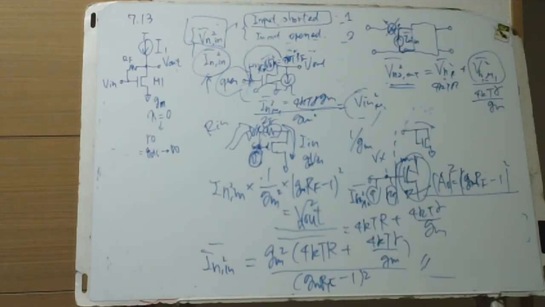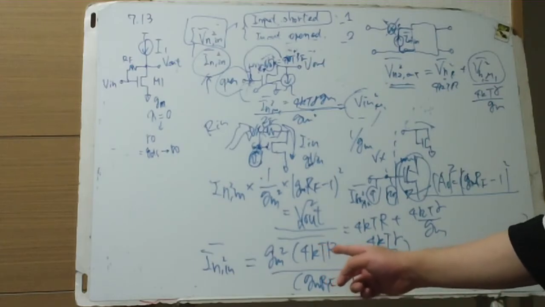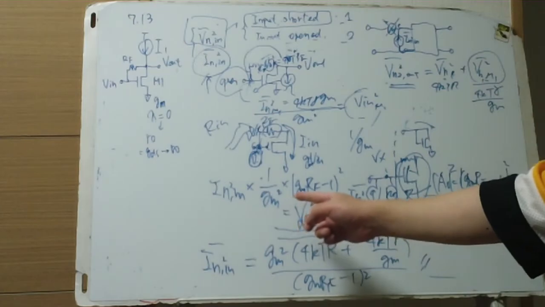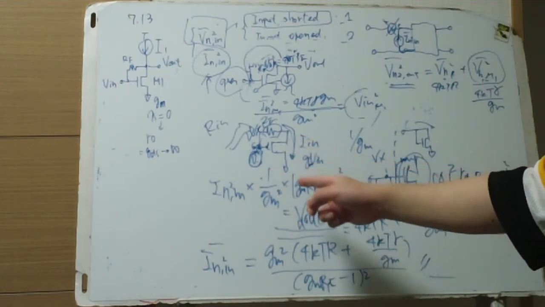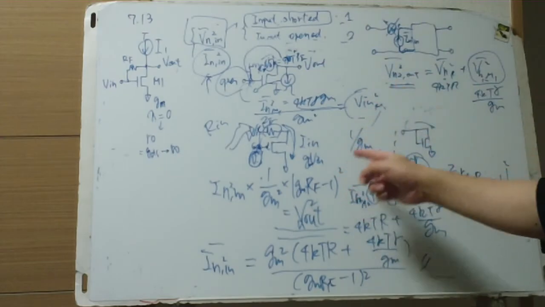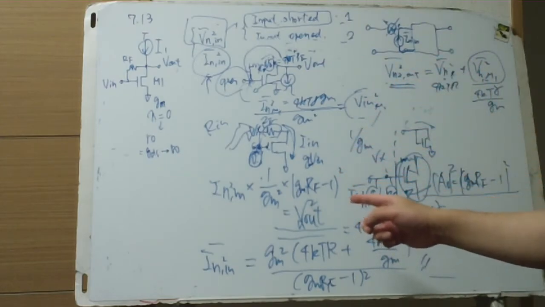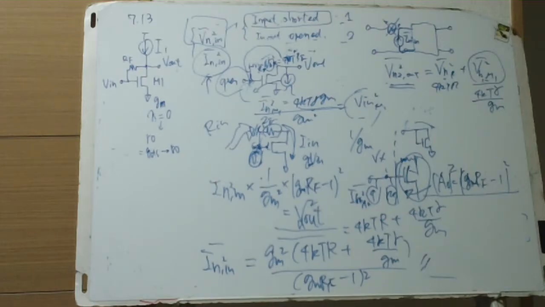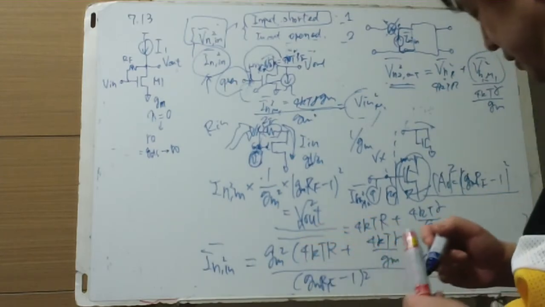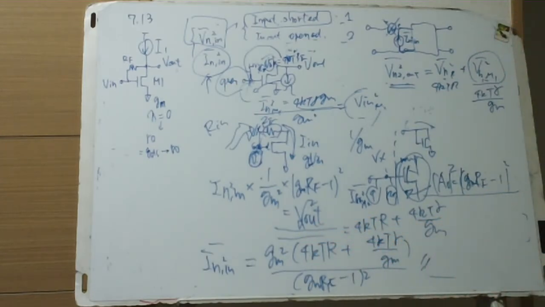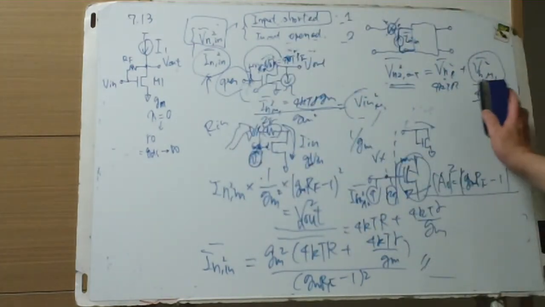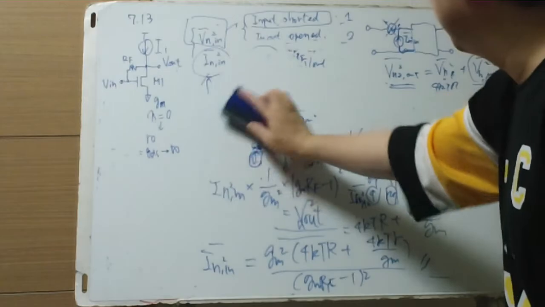Now what are V out and V in? We need to short the input, the same as the solution in the textbook.